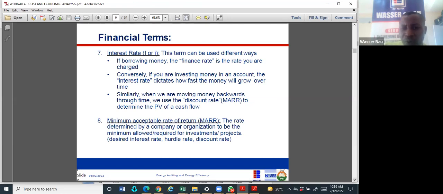So knowledge of this economic interest is so important in renewable energy projects, because why is it important? Most energy projects have a lifespan. They don't last forever. So it means you need to recoup your money within an established timeline. 2 years, 3 years, 4 years, 5 years, you move out.